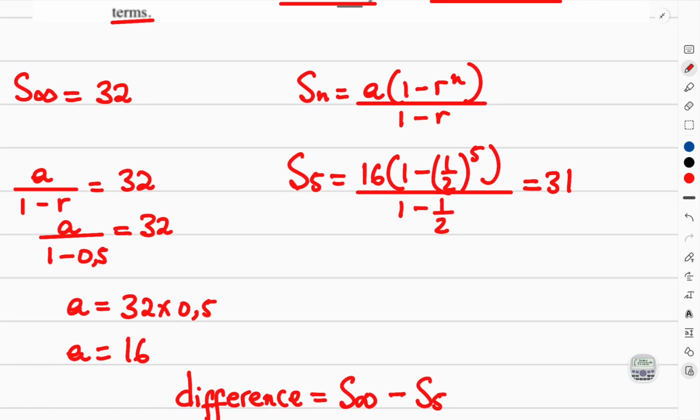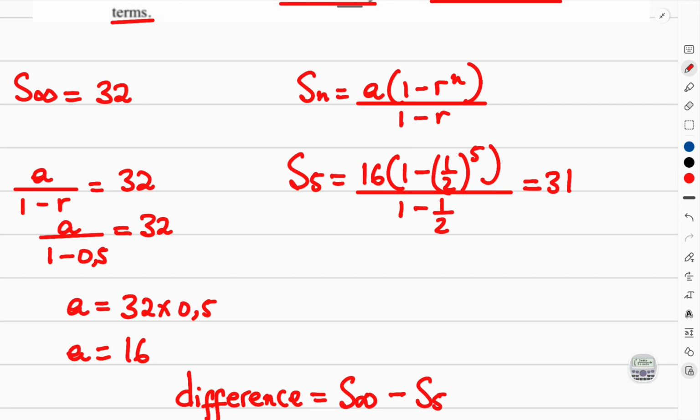So I guess, guys, you would have followed nicely from scratch. You would have seen that the first thing you had to do was to count. You should also remember the sum to infinity formula and the Sn formula. Then you can go and calculate the value of a. After calculating the value of a, you substitute into the Sn formula.